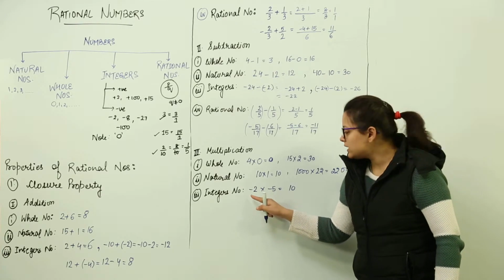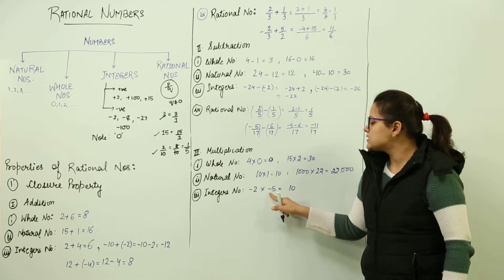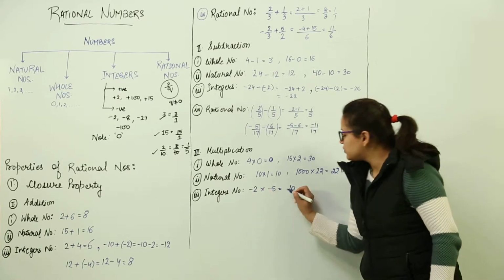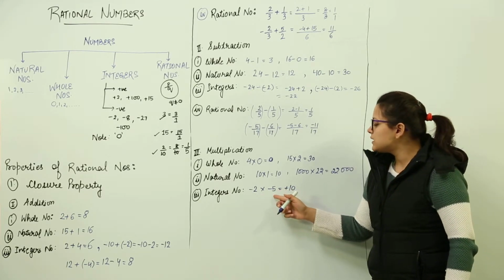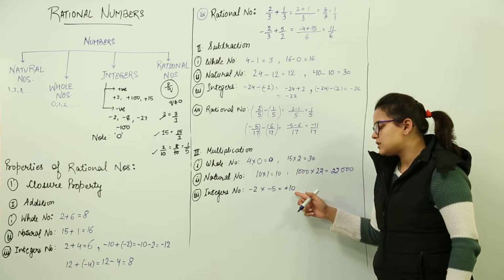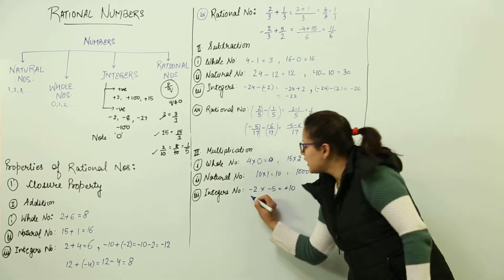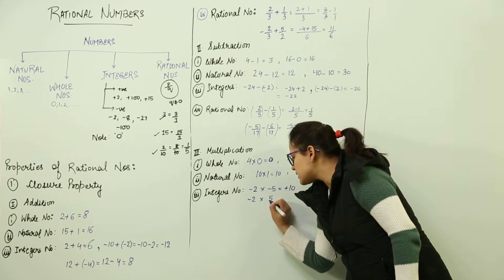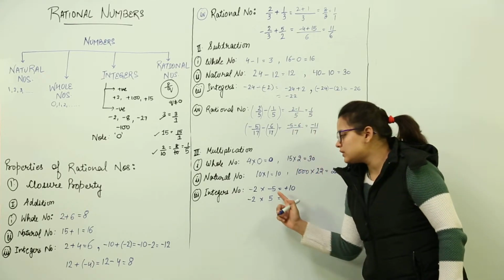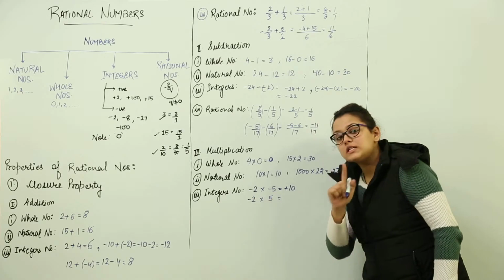Now what will we get when we multiply minus into minus? That would give me a plus. So when two integers are multiplied together, that gives us another integer. Again, I am taking the same numbers but with different signs to help you in dealing with the multiplication of signs.